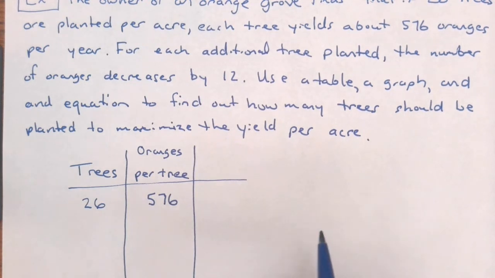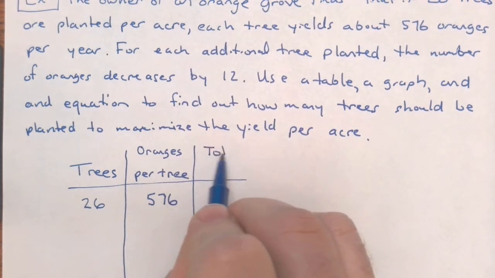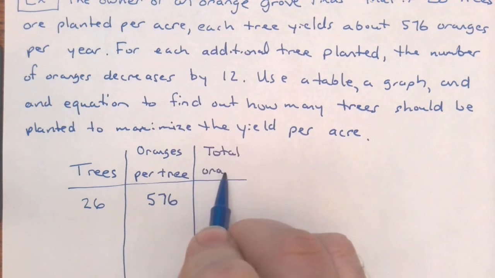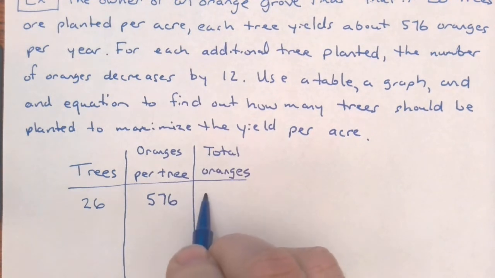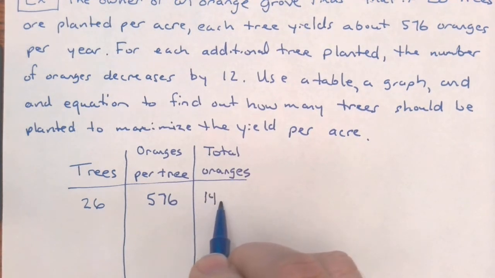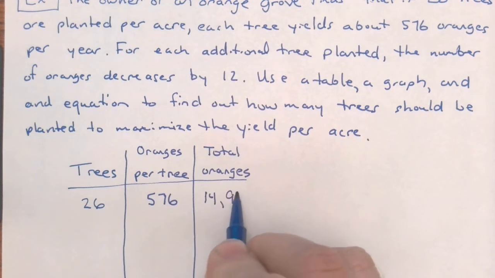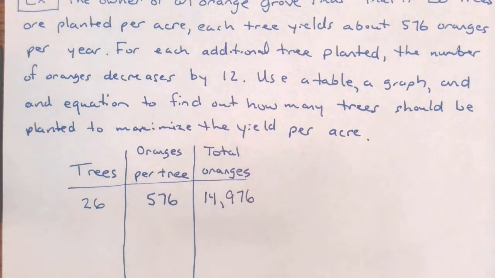So in order for us to see what the yield is, the total amount of oranges, what we'd want to do is multiply those two numbers together. And if we do that, we end up with 14,976 oranges total.